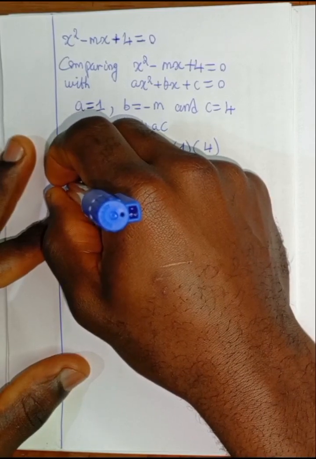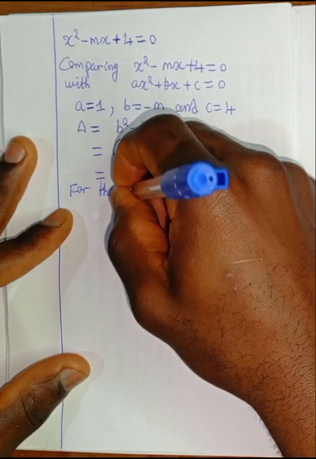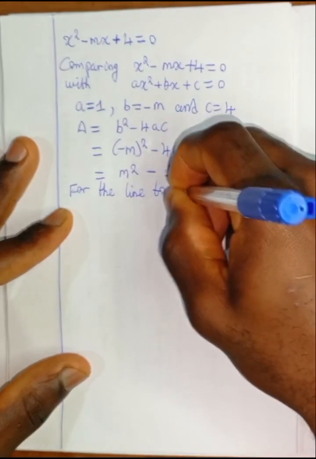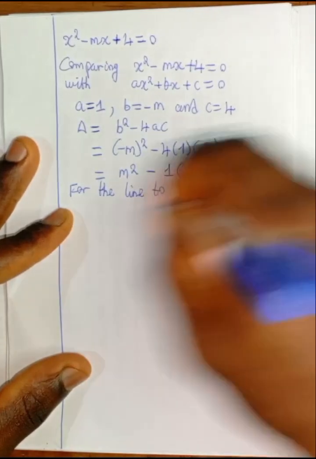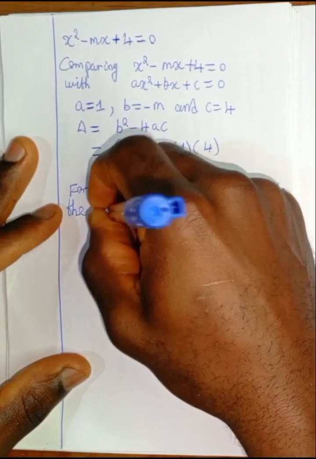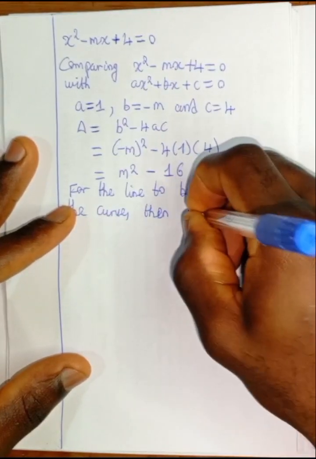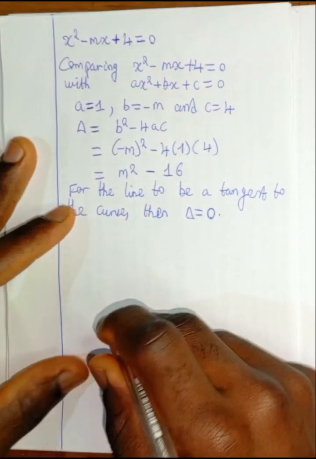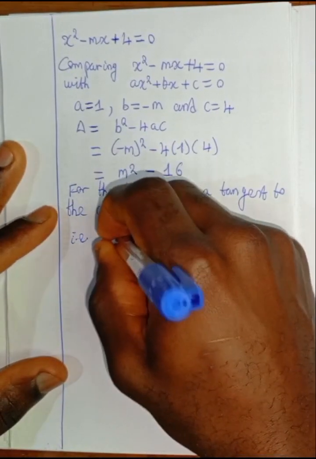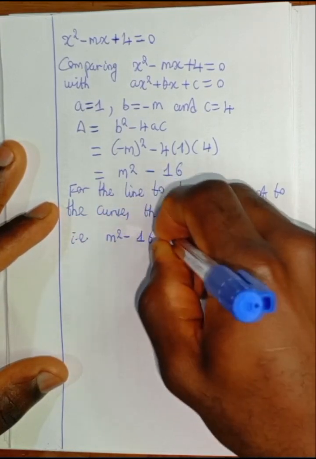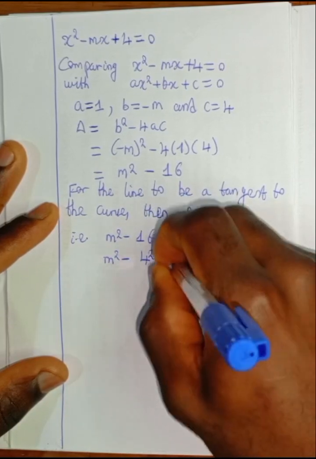So we know for the line to be a tangent to the curve, then the discriminant must be equal to 0. We are going to equate m squared minus 16 to 0. We know this is m squared minus 4 squared is equal to 0.